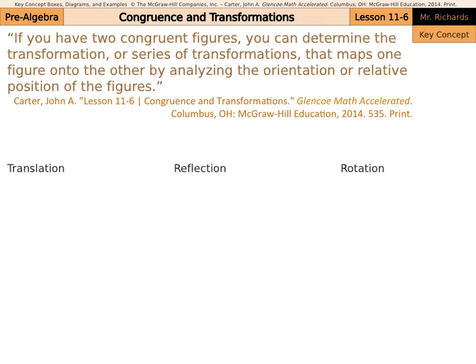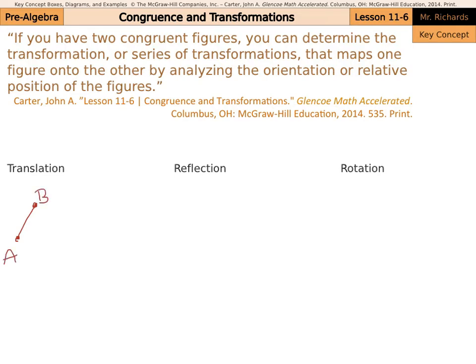On page 535 of our textbook, it reads, if you have two congruent figures, you can determine the transformation or series of transformations that maps one figure onto the other by analyzing the orientation or relative position of the figures. Well, if we look into a translation, say we have this line AB.